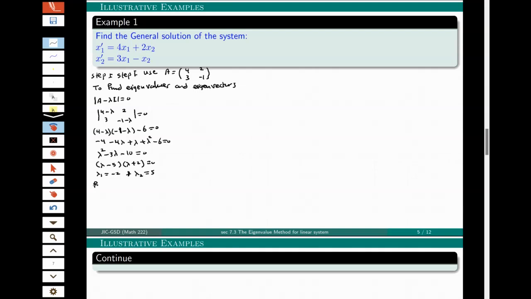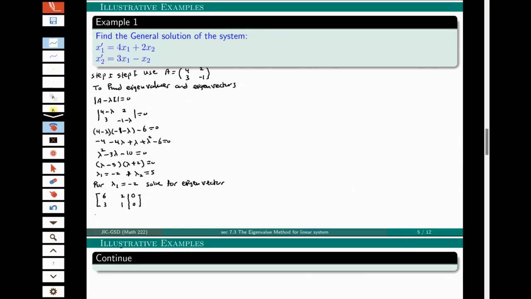Now, for the first eigenvalue, which is equal to minus 2, we solve for the eigenvector. That is, we need to replace lambda with minus 2. It will be 4 minus of minus 2 is 6, 2, and on the right-hand side 0; then 3, minus 1 minus of minus 2, so that will be plus 1, and 0.